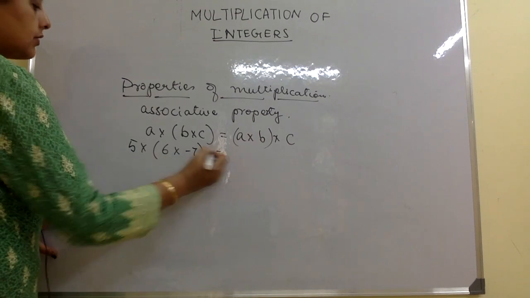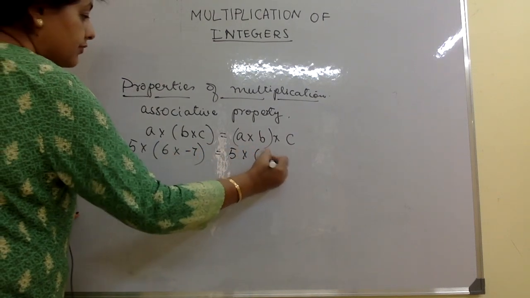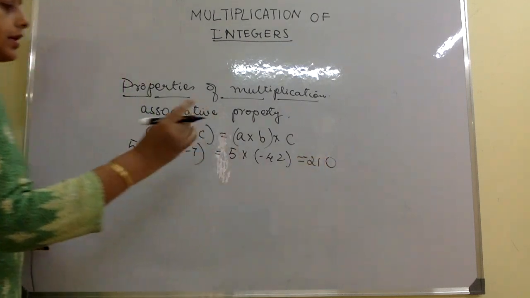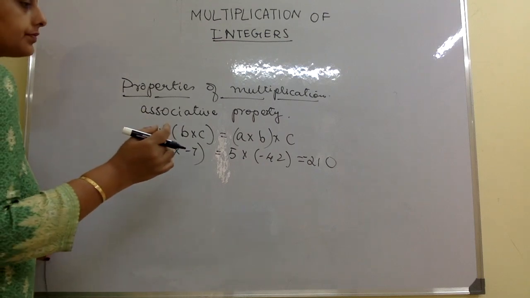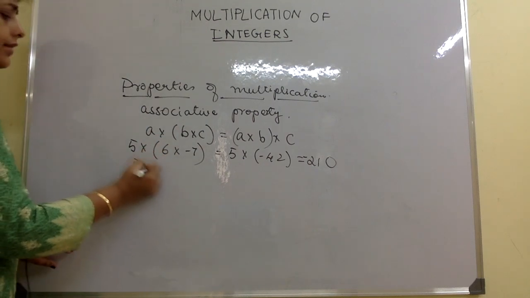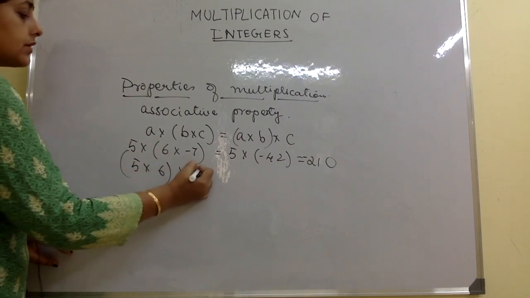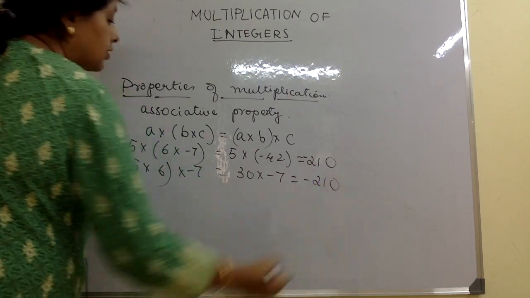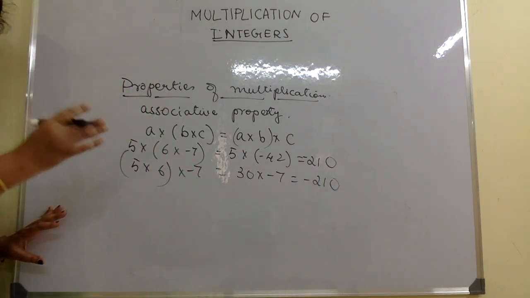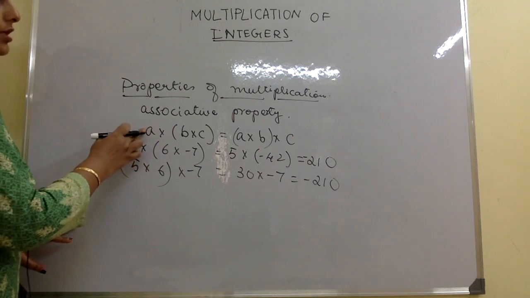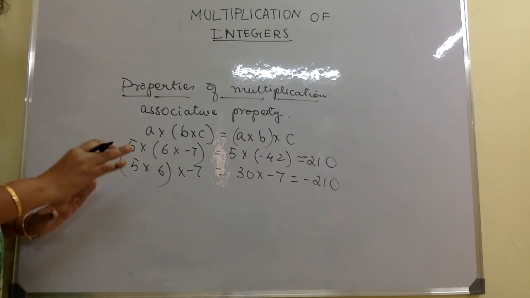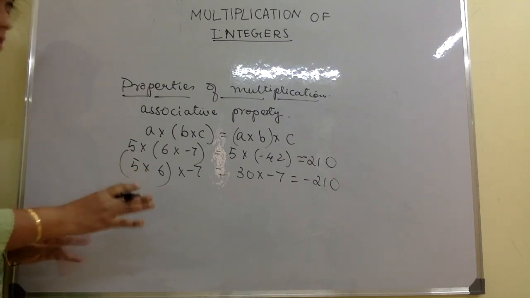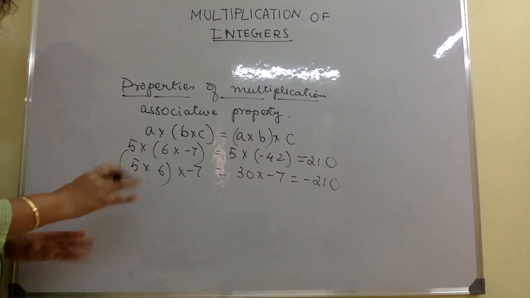So 5 into (6 into minus 7) is equal to 5 into minus 42, that is equal to minus 210. Yes. Now let me take (5 into 6) into minus 7, which is 30 into minus 7, which is minus 210. So now we have associative property of multiplication is followed correctly.